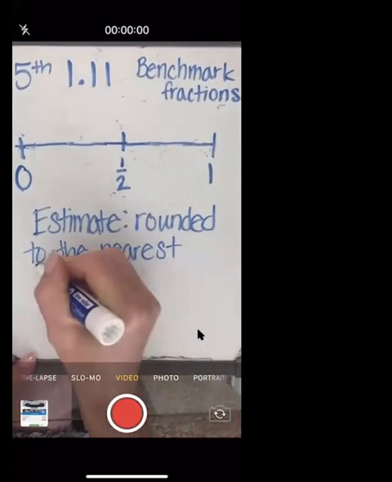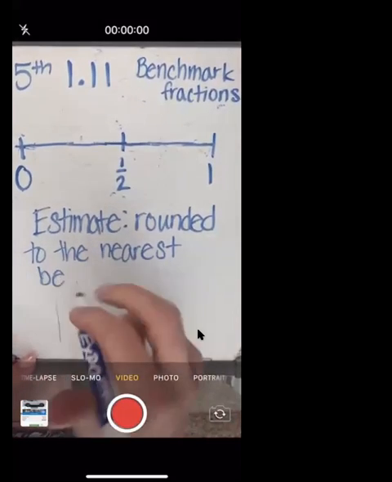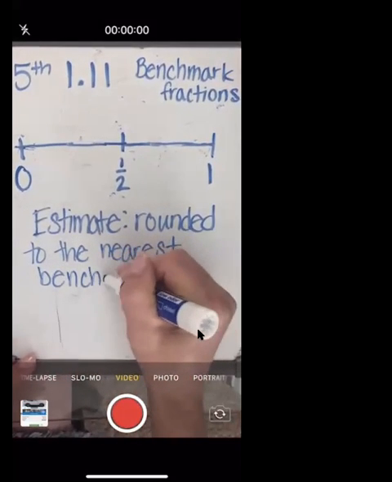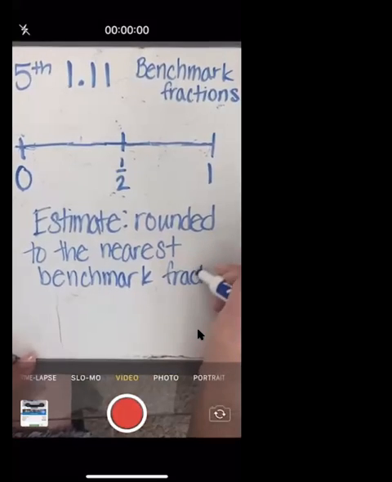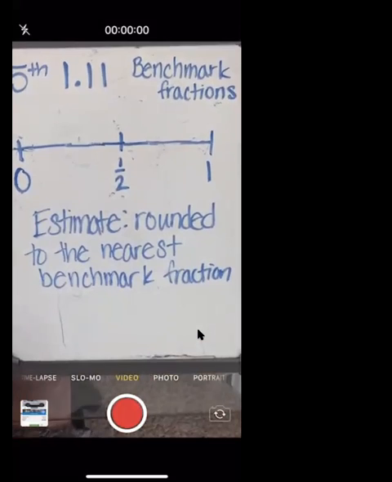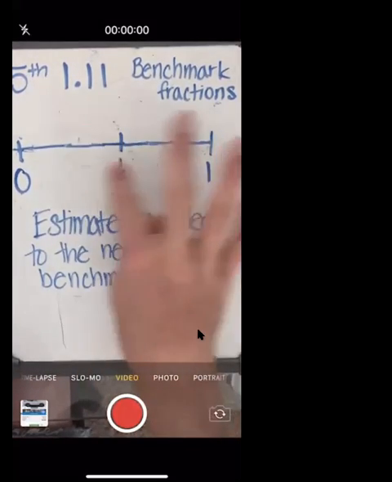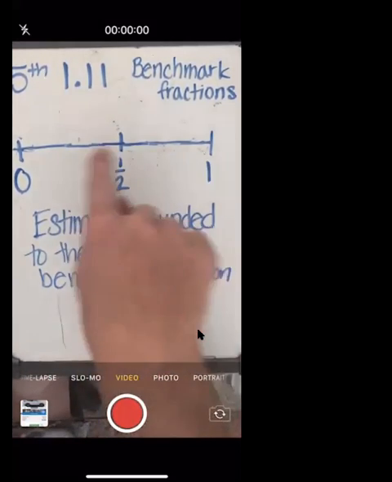If you want, you could create your number line. Sorry, I'm trying to talk and write at the same time. Let me finish. If it makes it easier for you to see, you could draw your little benchmark number line for each question, and put your two fractions on the number line.